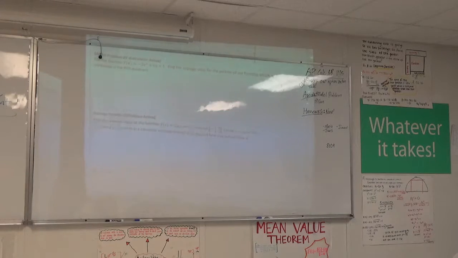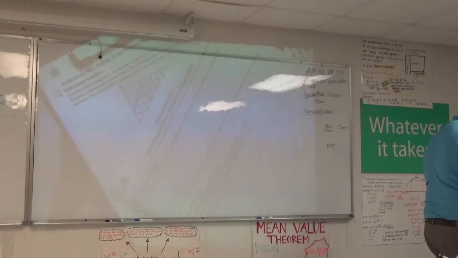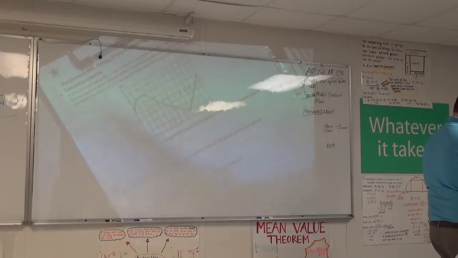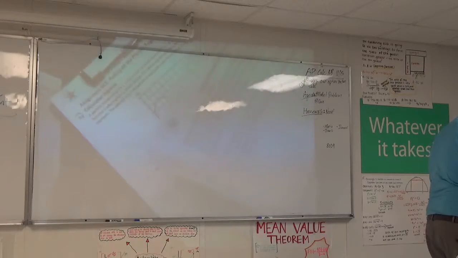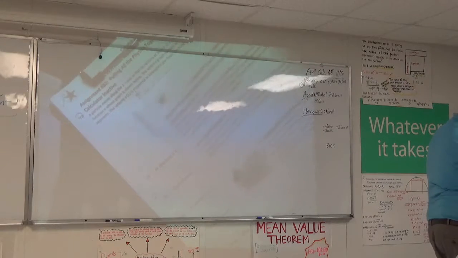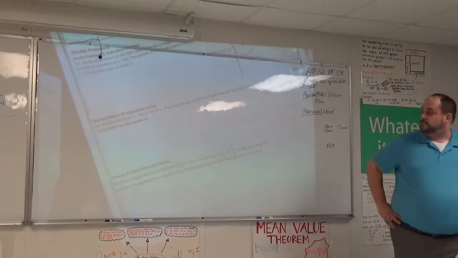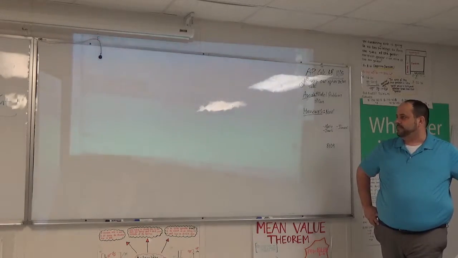Sine of pi over 4 is sine of 45. It's root 2 over 2. Wait, it's just zero. Oh, it is 0. Cancel out.